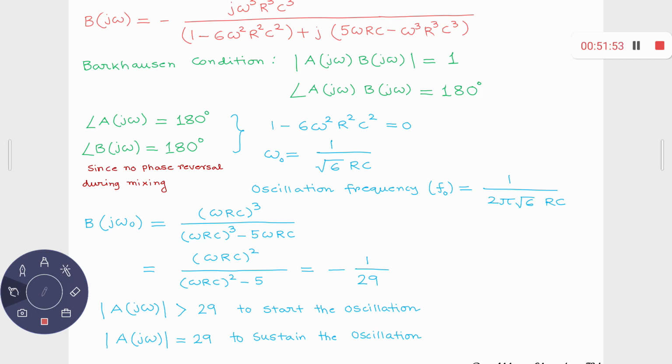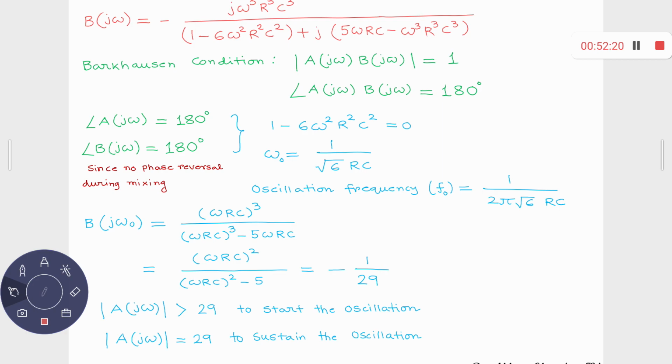So the Barkhausen condition gets satisfied only at this particular frequency. Whenever you switch on that oscillator circuit, it can capture the noise from the environment, and noise has a wide band, from a few tens of hertz to a few hundreds of hertz, or even in the range of kilohertz or tens of kilohertz.